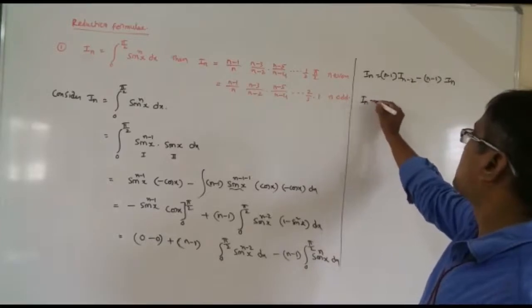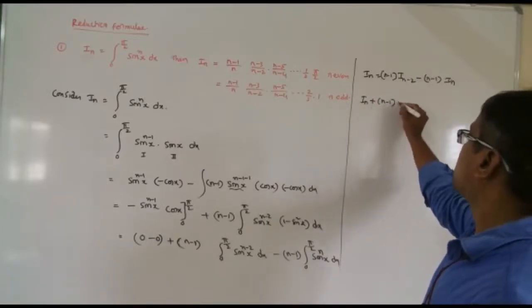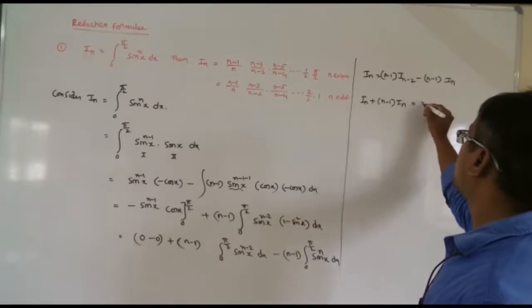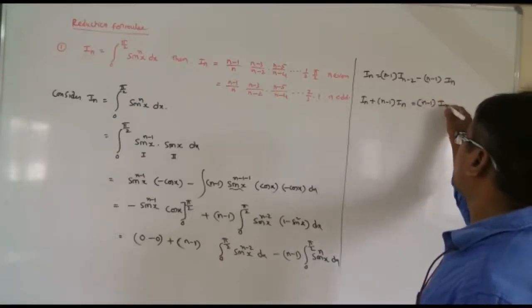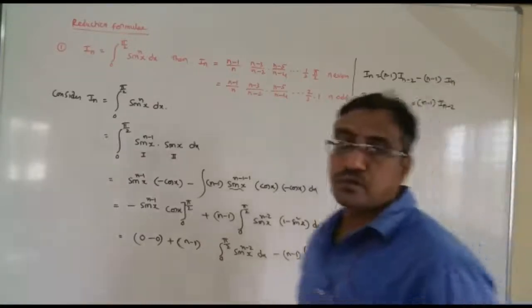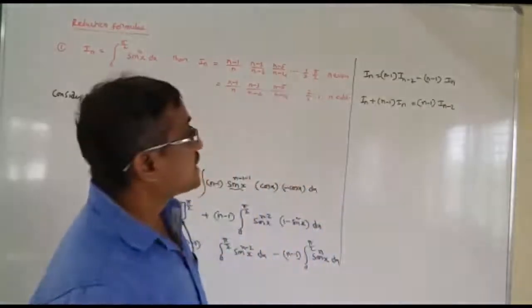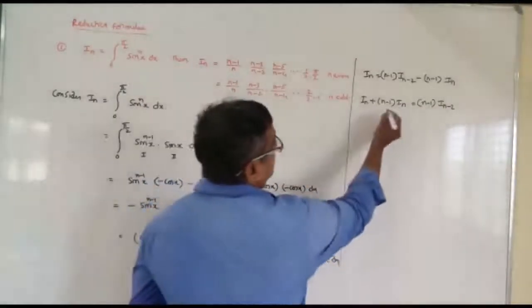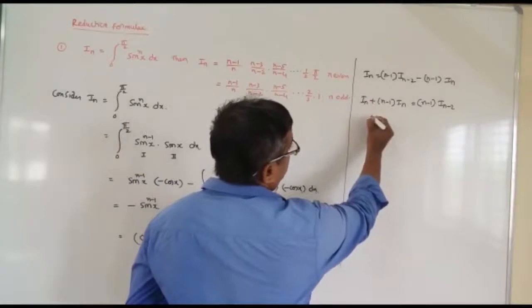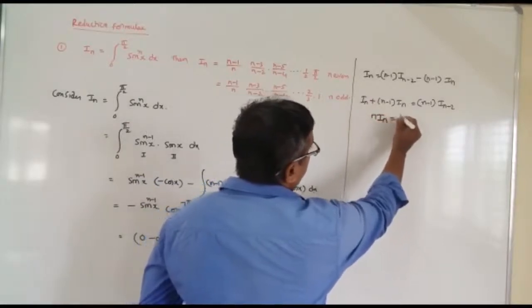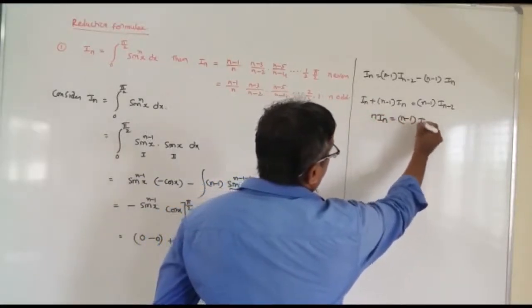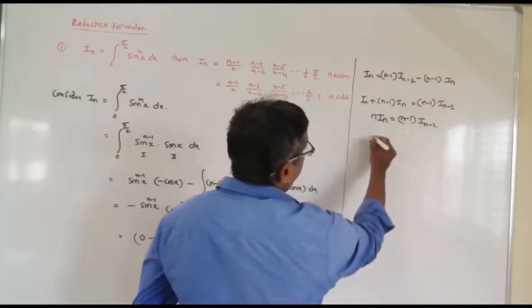So In plus n minus 1 into In is equal to n minus 1 into In minus 2. Now if you take In as common, you will get 1 plus n minus 1. So n into In is equal to n minus 1 into In minus 2.